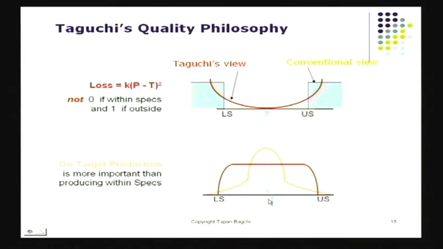So color was adjusted to be right on its own target, contrast was adjusted to be right on its own target, various tuning adjustments were also put exactly at target. So the result was this: when these TVs came out, most of the quality characteristics were right on target. And these led to very few complaints from customers. There are hardly any people who receive TVs like this.